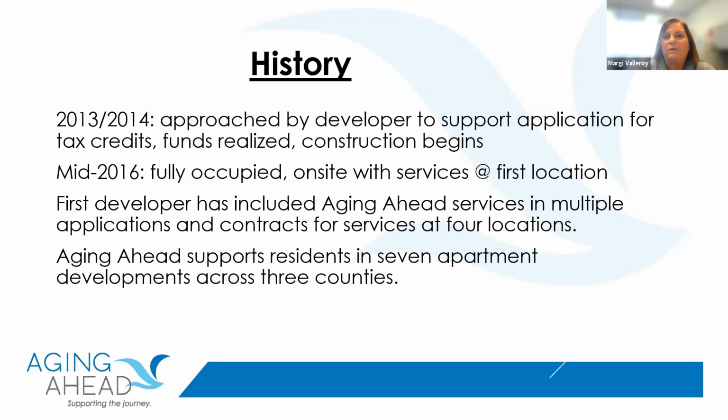The developer was going after some tax credits and had this idea that if they could add a social service arm to their application, they were probably more likely to receive the tax credits. And they were right, and they asked us to be a partner with them. So we became a partner, and they did get the funds.